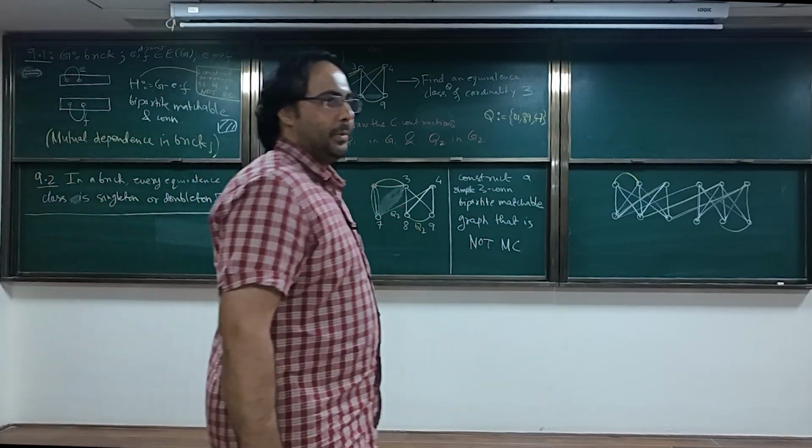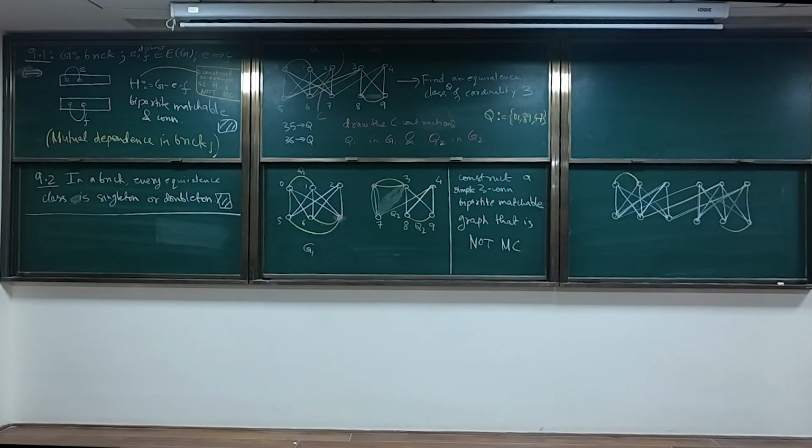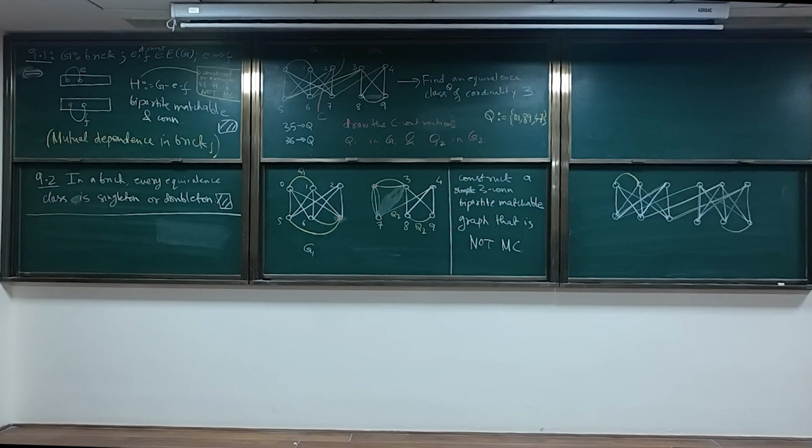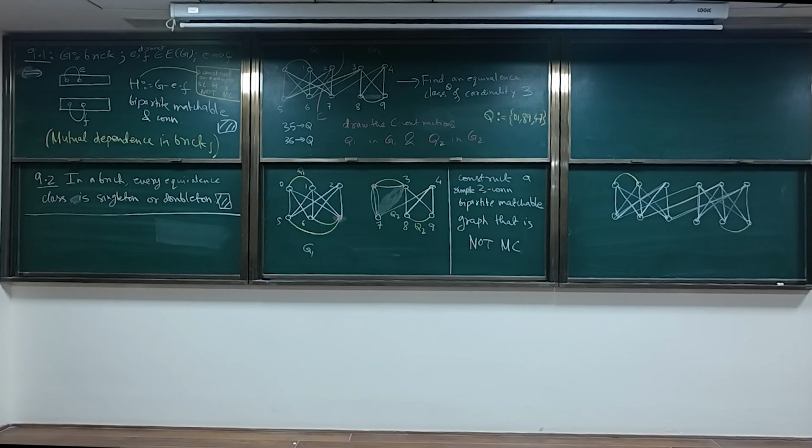So this turns out to be one example of a brick where you can see that two mutually dependent edges does not mean that after deleting the two edges you get a bipartite matching covered graph. But you get a bipartite graph that is matchable. If you got matching covered, then it would actually be what we call a near bipartite graph.